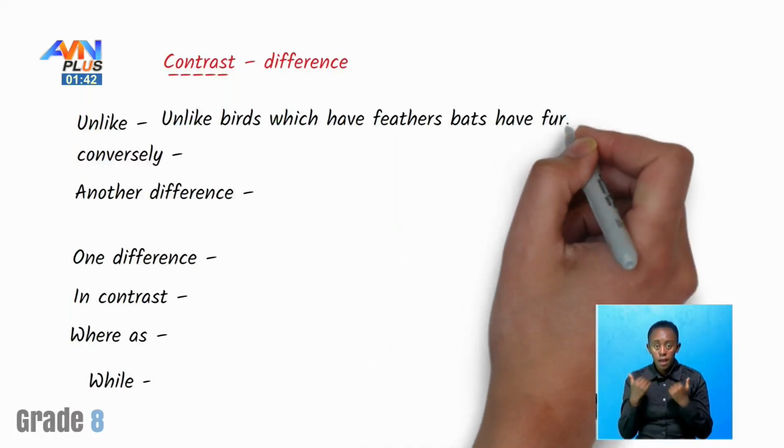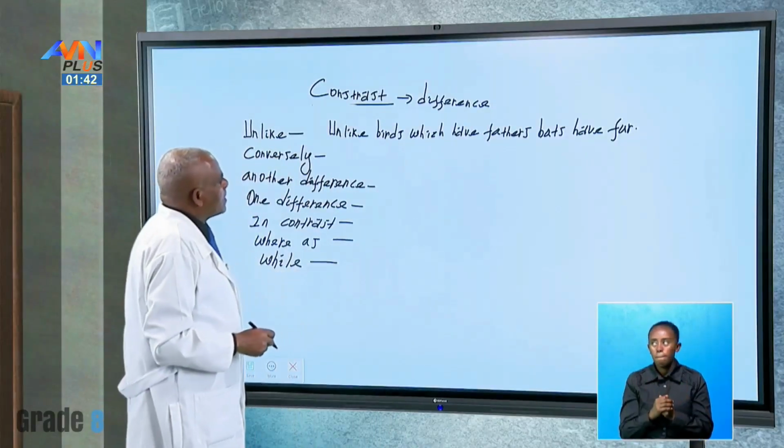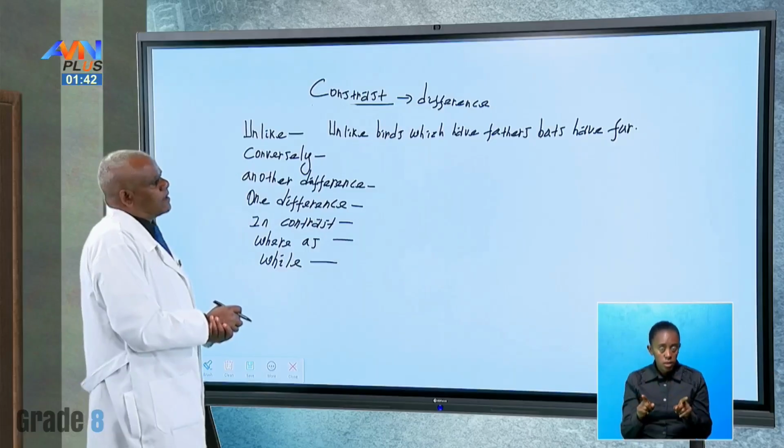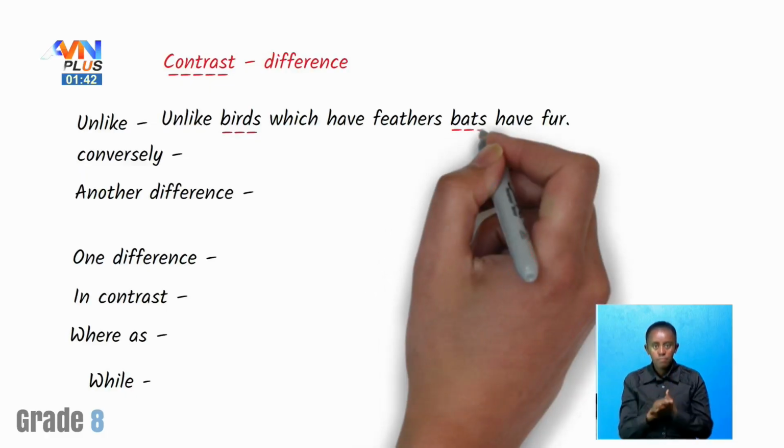Yeah, fur and wings. Good. Unlike birds which have feathers, bats have fur. There's a difference. Birds do have what? Feathers. Whereas bats do have fur.